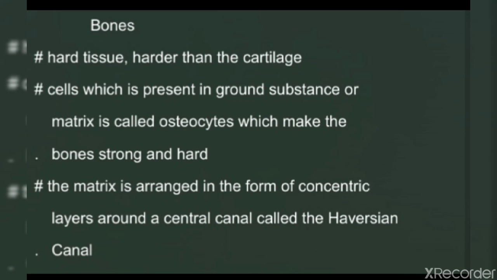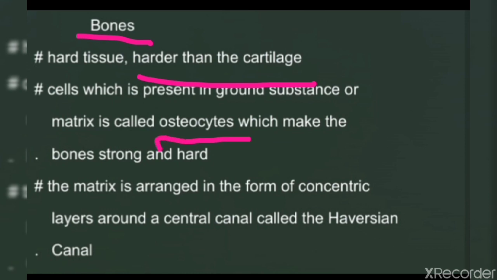The next type of skeletal tissue is bones. The first one was cartilage and the second one is bones. Bones are hard tissue, harder than the cartilage. Clear, children? In this type of tissue, the cells present in the ground substance or matrix are called osteocytes.